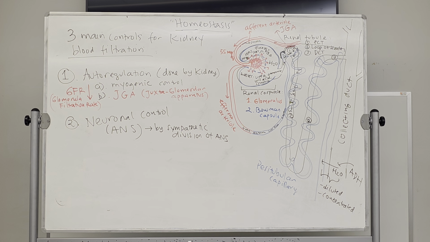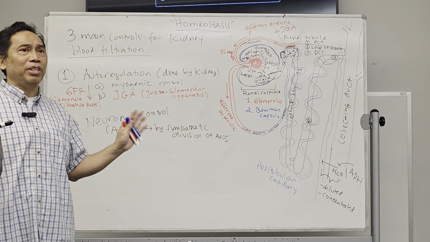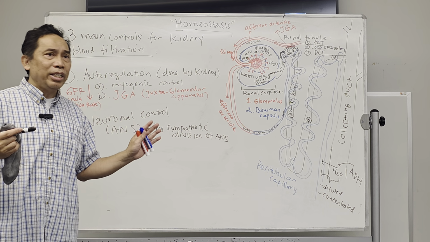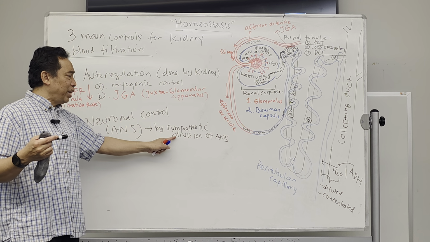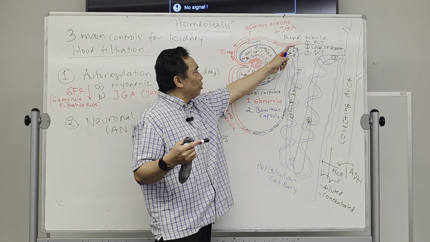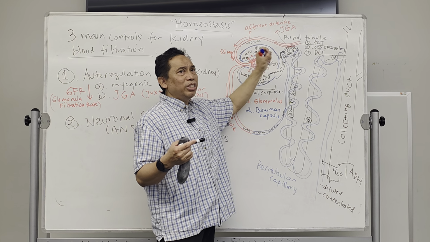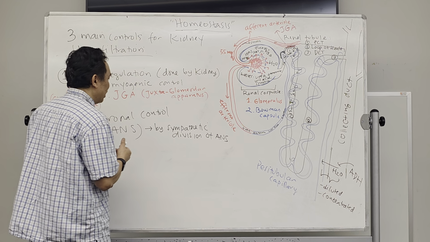Again, basically, if the GFR is too fast, we don't like fast filtration. When it is too fast, the sympathetic division of the ANS will send the information to the smooth muscle over here to constrict the blood vessel.